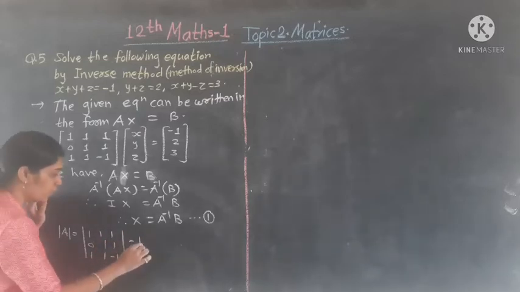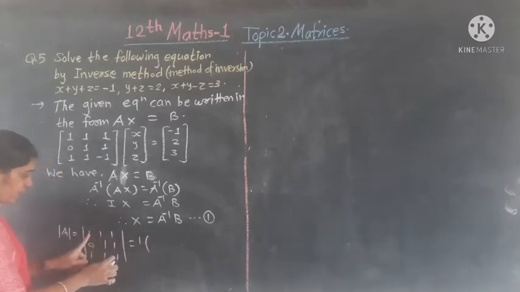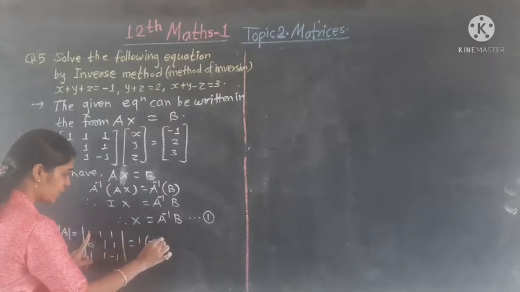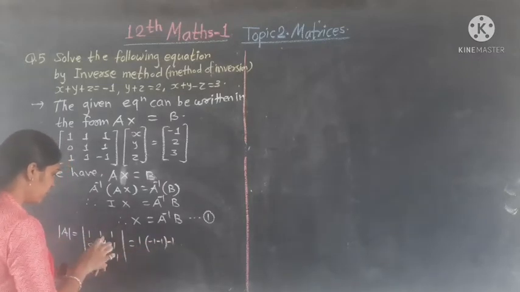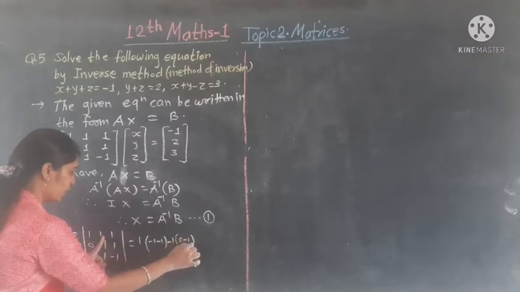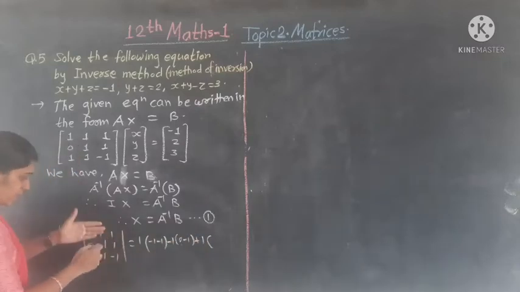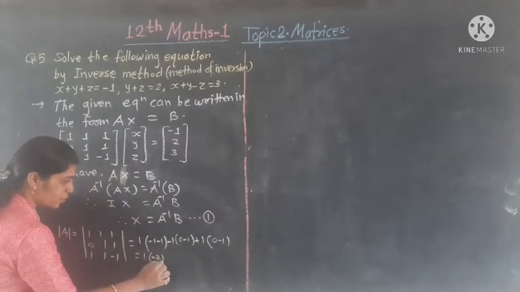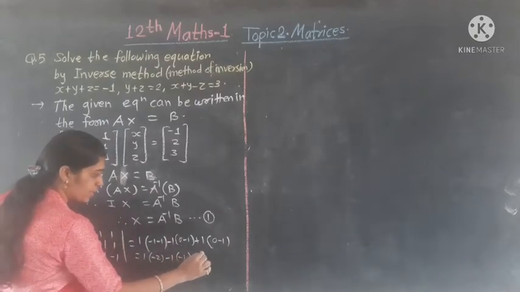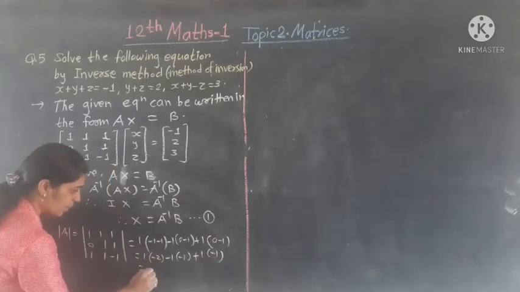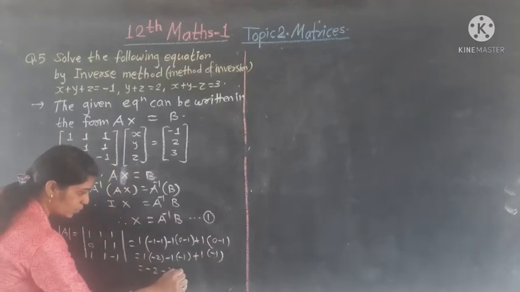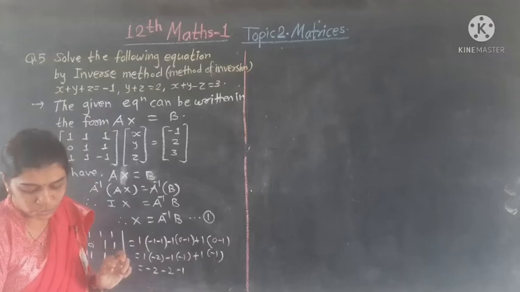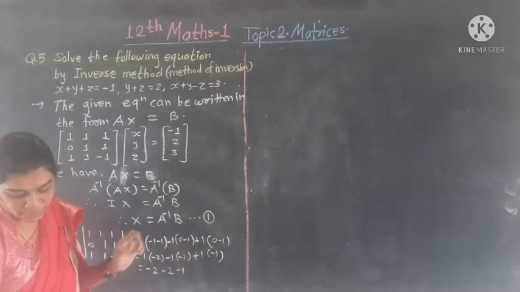You find this: 1 into bracket -1, -1, -1 into bracket 0, -1 plus 1 into bracket 0, -1. That is 1 into -2, -1 into -1 plus 1 into -1. -2, -2, -1. So we get here the value of determinant.